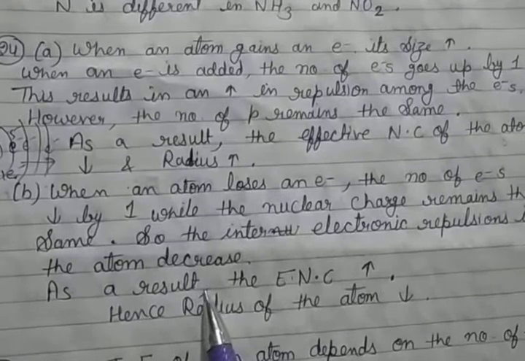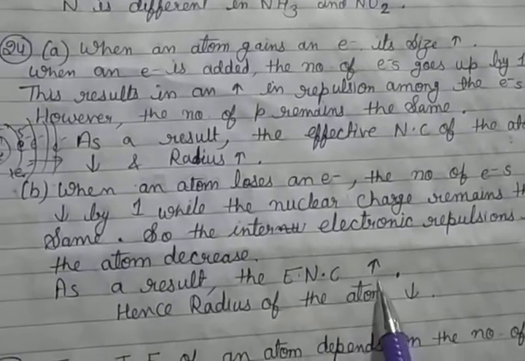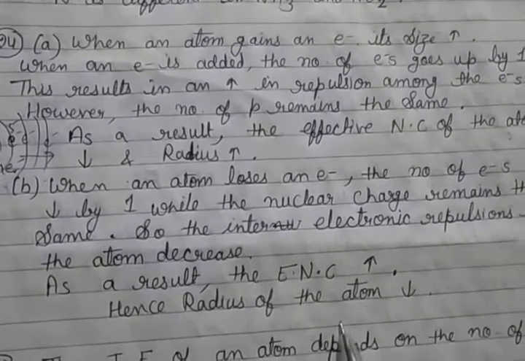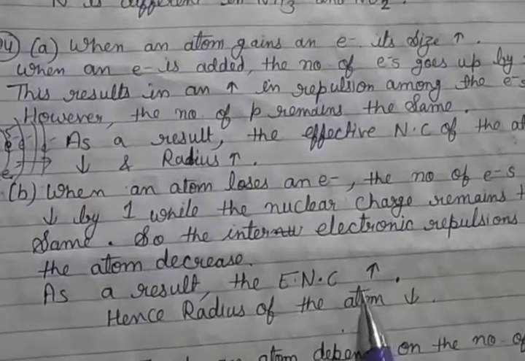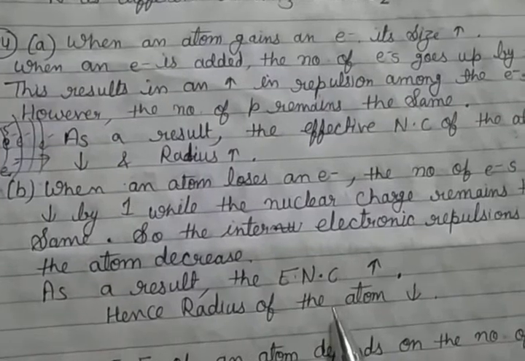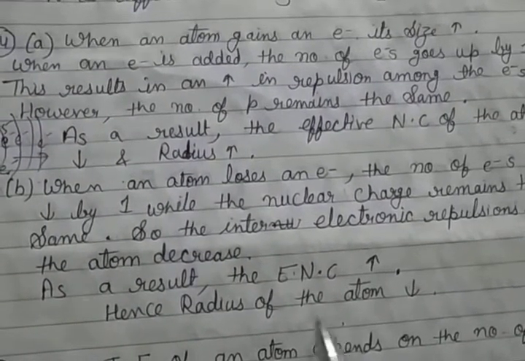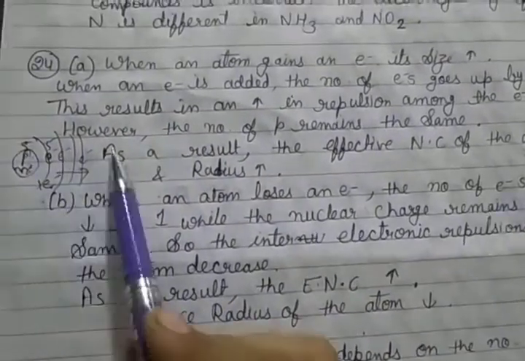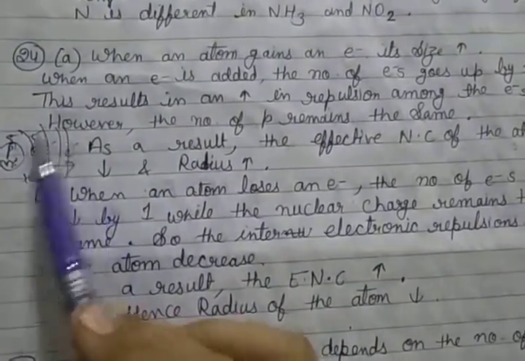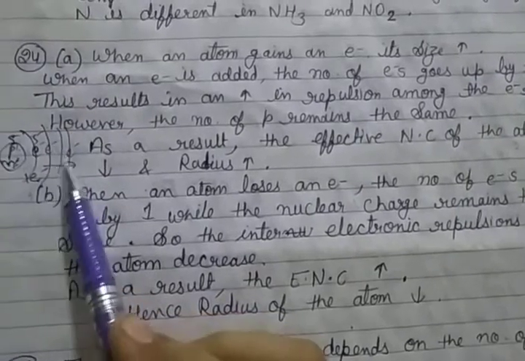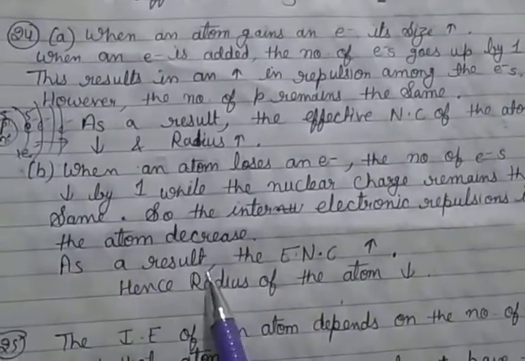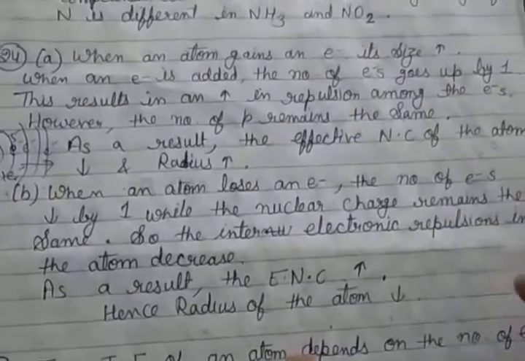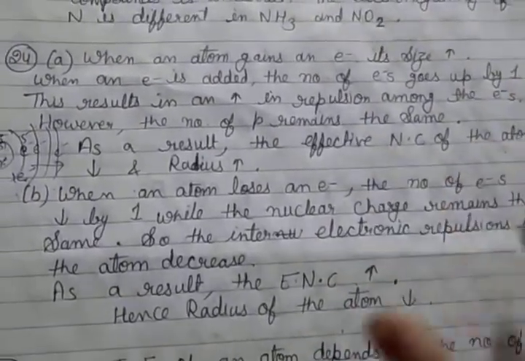As a result, the effective nuclear charge increases and the radius of the atom decreases. So this is the main difference between gain of an electron and loss of an electron.